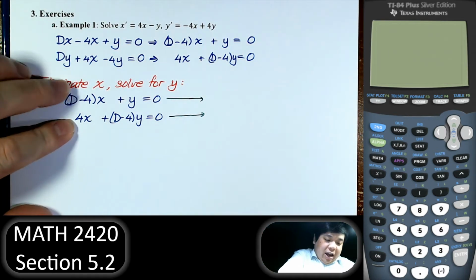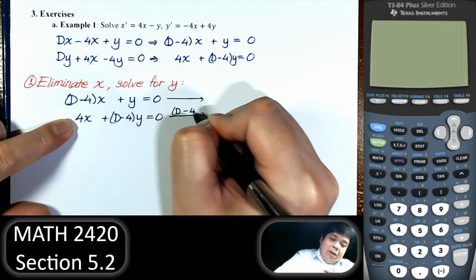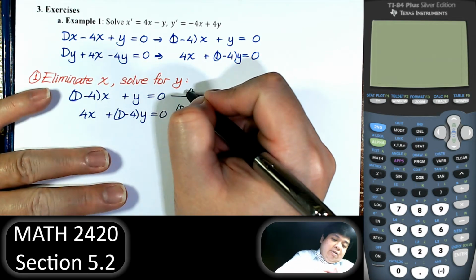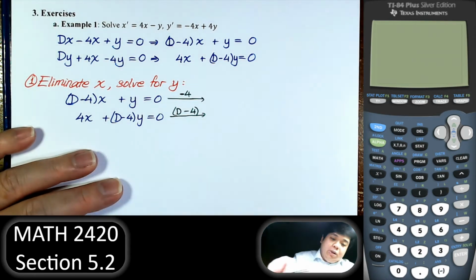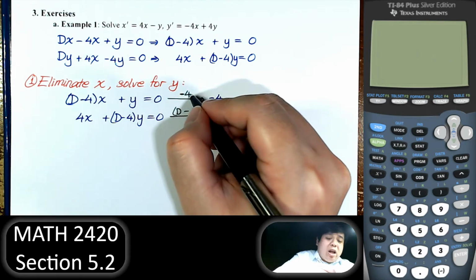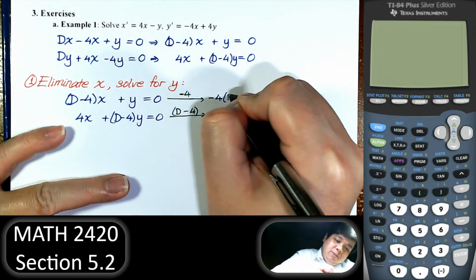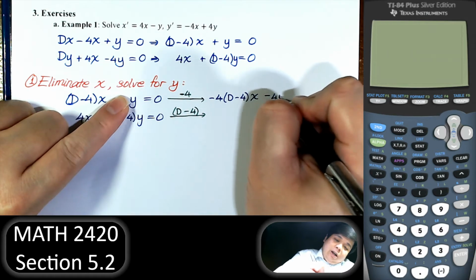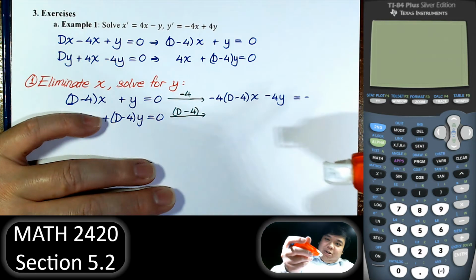So to eliminate x, we'll have the D minus 4 from the bottom and the 4 on the top, so they will have the same. But let's try to throw the negative here. When we do that, we just have negative 4. Notice that when we multiply this, we multiply that in front. 4y, negative 4 times 0, still 0.